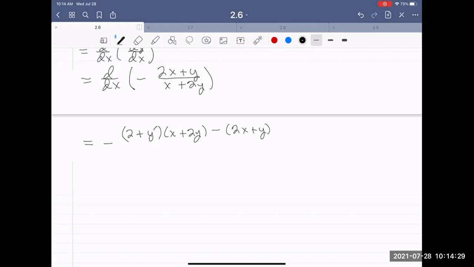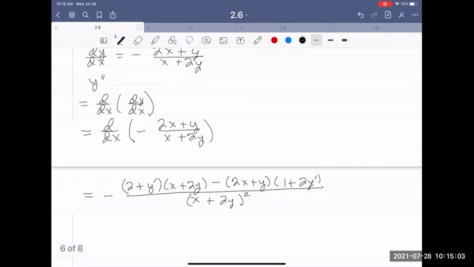By the way, I left this negative out in front. So the numerator doesn't involve any negatives. All times the derivative of the denominator. And so the derivative of x is 1, the derivative of 2y is 2y prime. And so 1 plus 2y prime, all divided by the denominator squared.